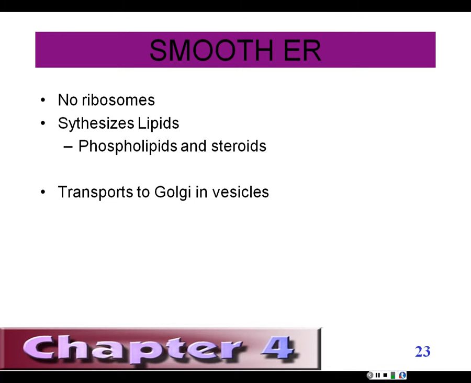As in your hormones, cholesterol, and then it also transports down to Golgi. The main thing going to Golgi is going to be proteins, but this also modifies those other molecules as well.